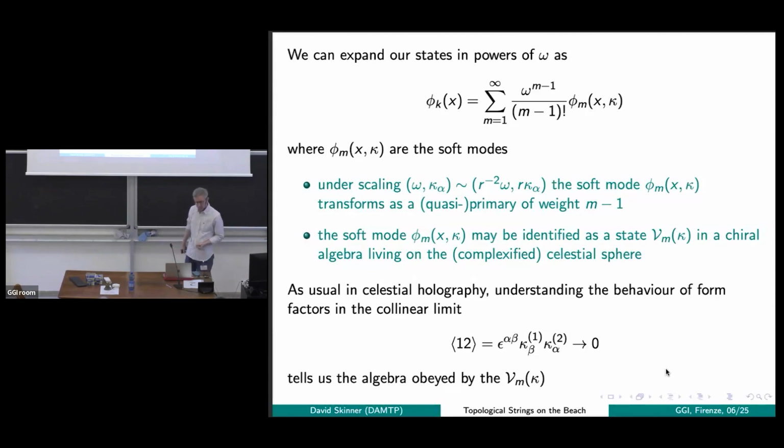And as usual, to extract the chiral algebra obeyed by these operators, we take the collinear limit, i.e. take two kappas of two different external particles, say 1 and 2, to become collinear. So take their kappas to become proportional, and understanding what happens to the singularity of the form factors in that limit will tell us about the algebra obeyed by these soft modes.